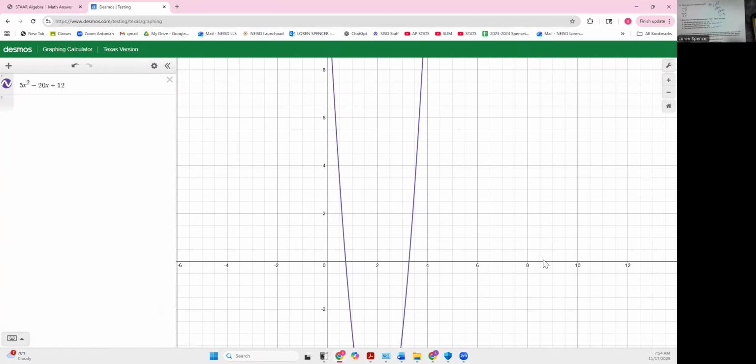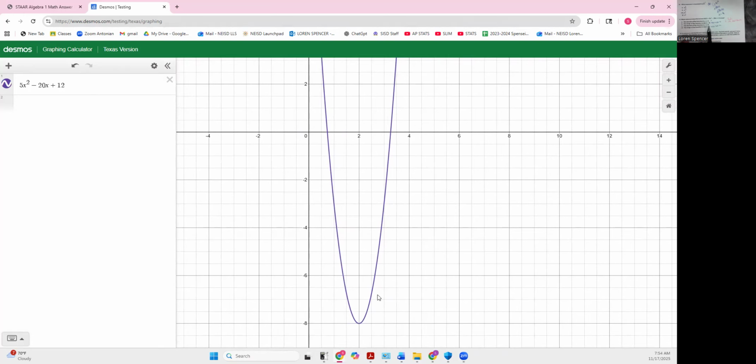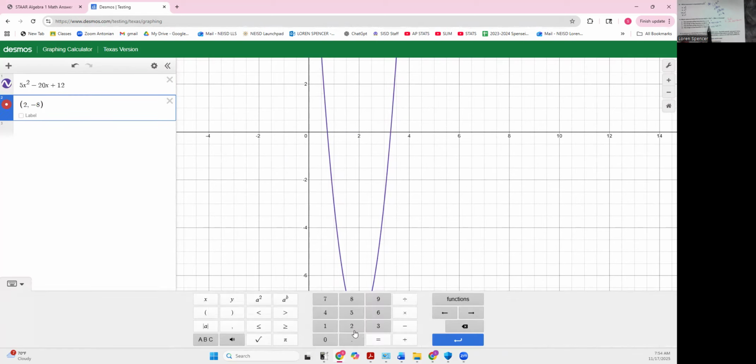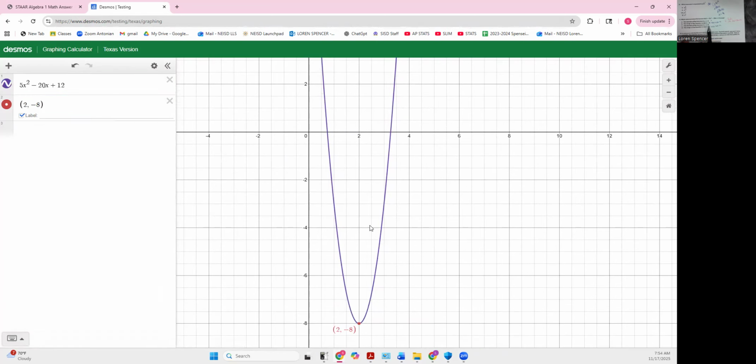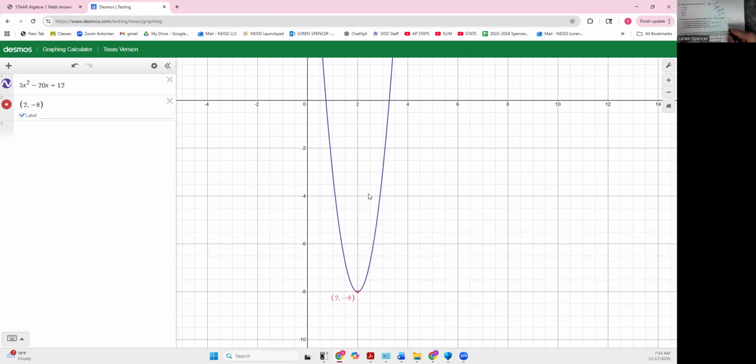So it looks like to me the domain for this graph, because I have arrows on it, is all real numbers. So that's the domain. Well, that's going to get rid of a couple answers, okay? On the range, it looks like the range goes to infinity, but the bottom is at 2, -8.